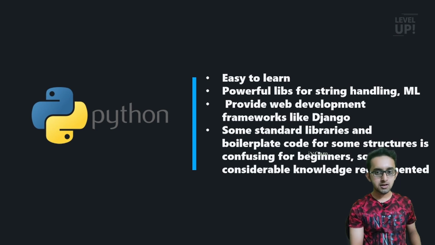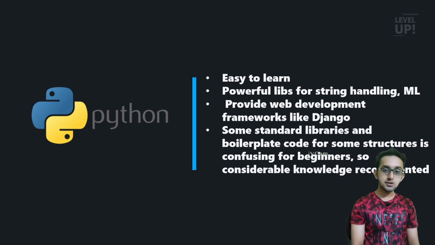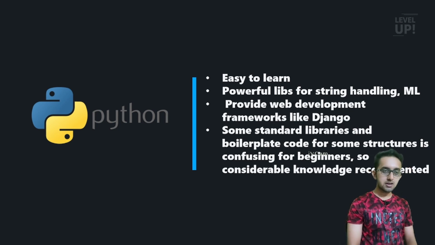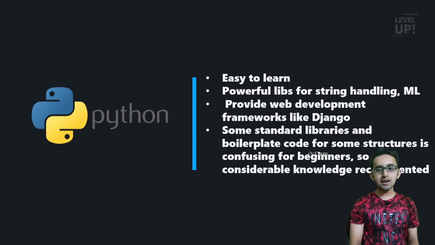And number 3 on the list, we have Python. Python is comparatively easier to learn compared to most of the other languages that we have seen. It has got very powerful libraries for string handling and machine learning as well. It provides web development frameworks like Django, which is widely used. But the reason why Python is number 3 on the list is because it requires a different set of boilerplate code.